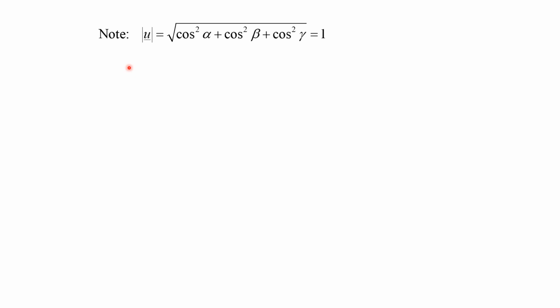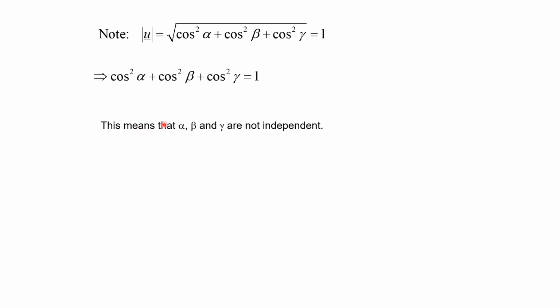It has to equal 1 simply because u is a unit vector. And you can conclude that alpha, beta, and gamma are not independent, because the values depend on each other, because it's the cosine of each angle and the sum has to equal 1.